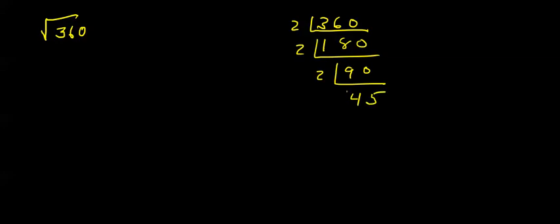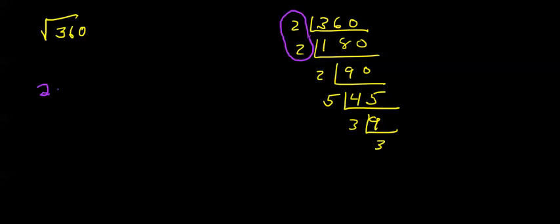Because it ends in a 5, I can divide by 5. And I get 9. And that's divisible by 3 and 3. Now I circle pairs. All right, a pair of 2s gives me 2.